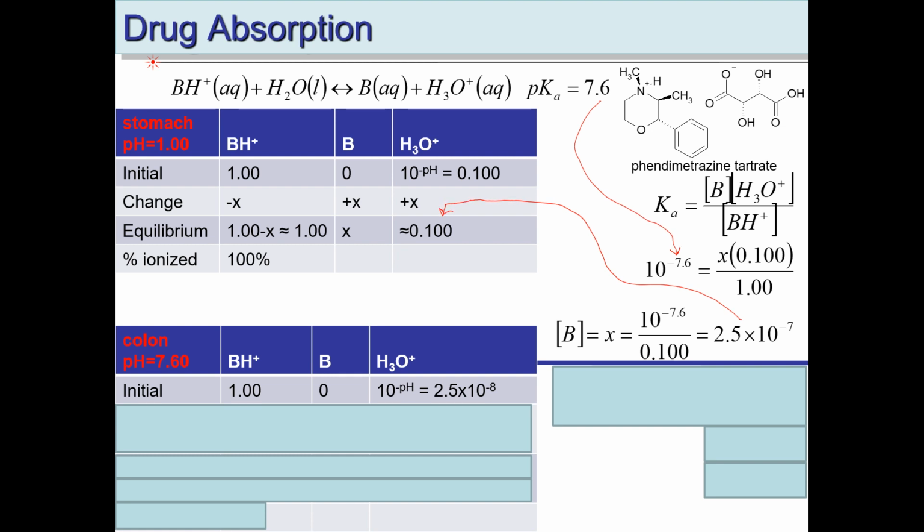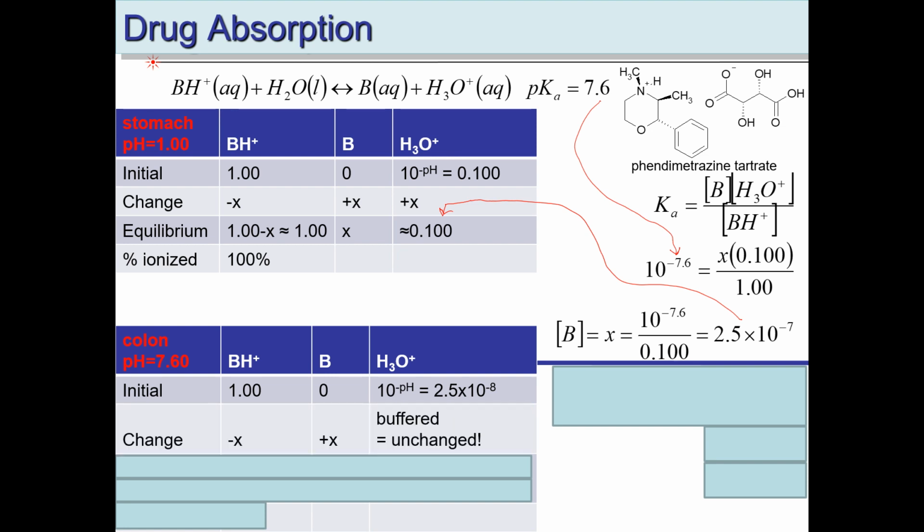So 0.1 plus 2.5 times 10 to the minus 7 is still just 0.1. And the same thing over here, 1.00 minus 2.5 times 10 to the minus 7 is still just 1.00. So you can always check your assumption. Say, I assume X is small, I don't really need to care about it. And then you calculate X, you can go back and look and say, was I right? And you can say, yeah, it's a good assumption. So this base would be 100% protonated in the stomach.